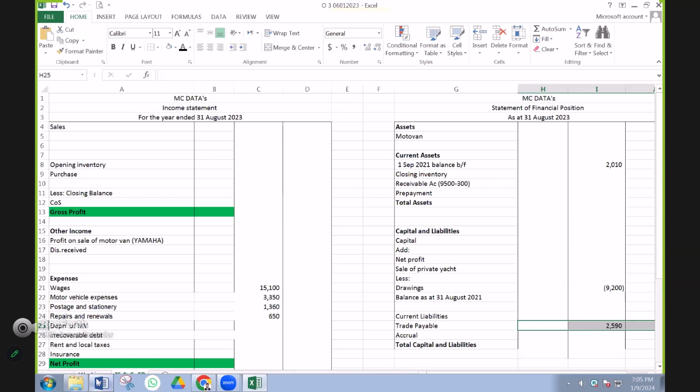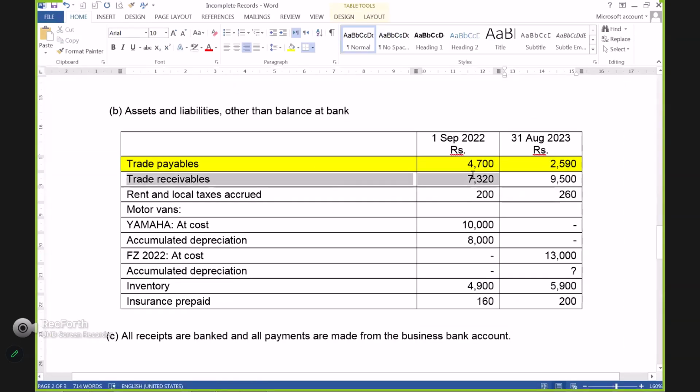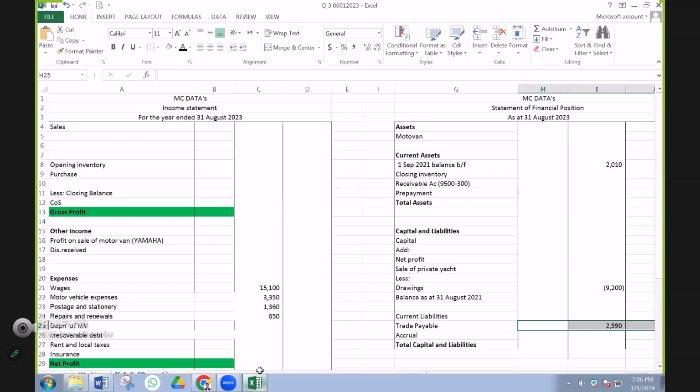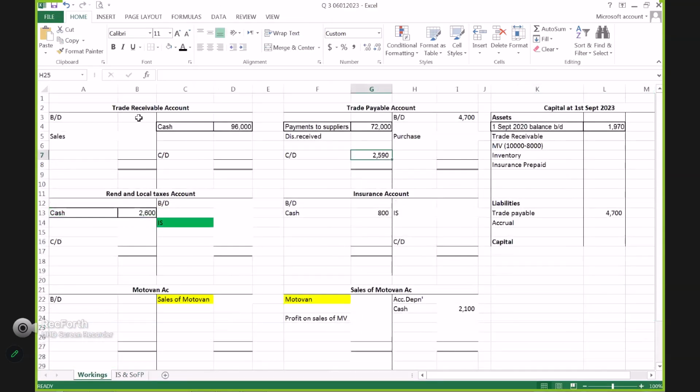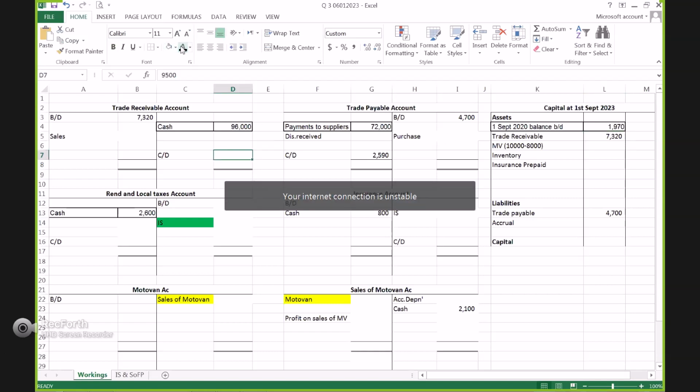Okay, so like that, trade receivable also: 7,320 and 9,500. So the opening trade receivable is the opening balance in the ledger as well as the opening balance in the calculation of the capital, 7,320, and also closing balance 9,500.